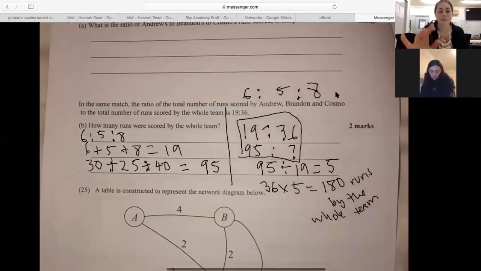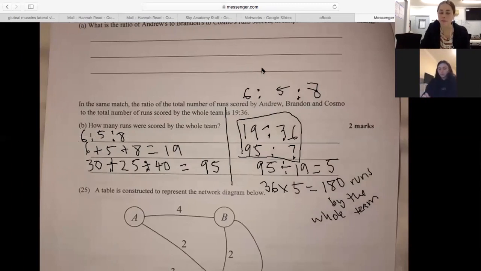Okay, we're back here. So we figured out the ratio of the runs in the first question, right? We got 6, 5, and 8. It says the ratio of the total number of runs scored by Brandon, Cosmo and Andrew to the whole team. So it's those 3 people against the whole team.